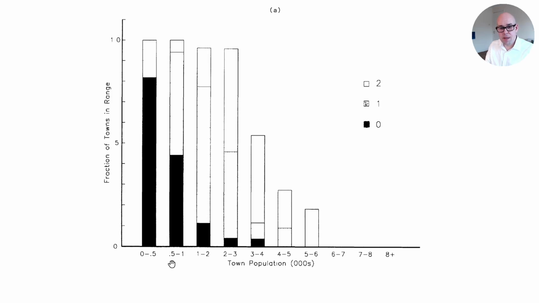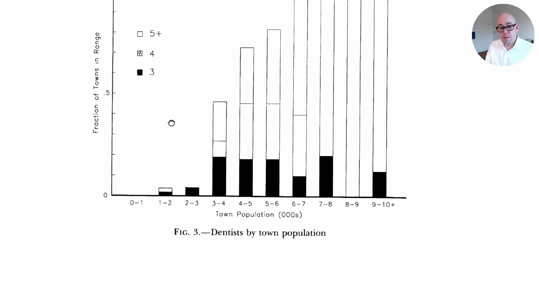Okay, so when population is between 500 and 1,000, then we see these are the ones with no dentist, these are the ones with 1 practice, and these are the ones with 2. Between 1,000 and 2,000, 0, 1, 2, and then in the figure below you have also 3.